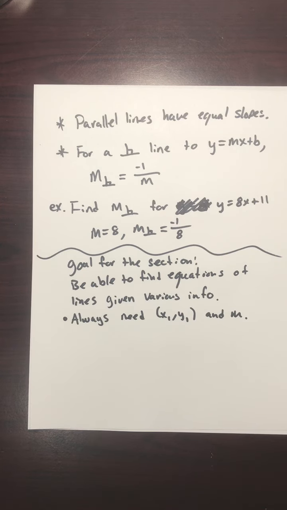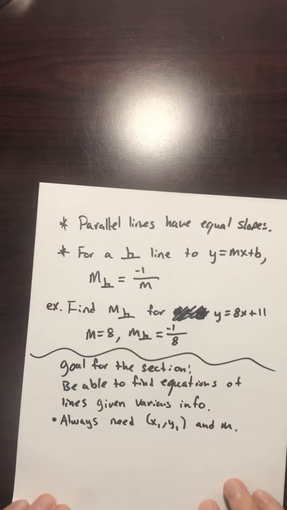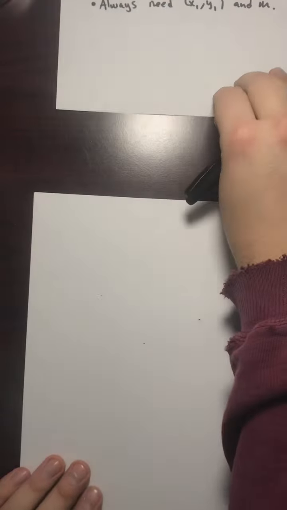So each one of these examples, we're going to do some legwork to figure out a point and to figure out a slope and then go from there. So the various information we can be given. Let's write out what we can be given here.